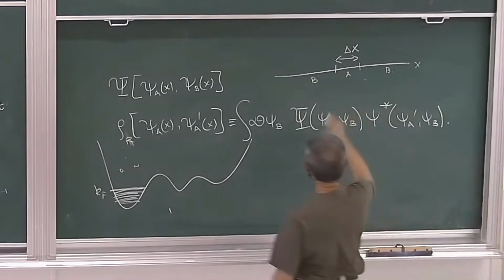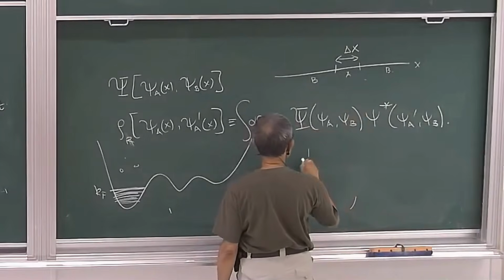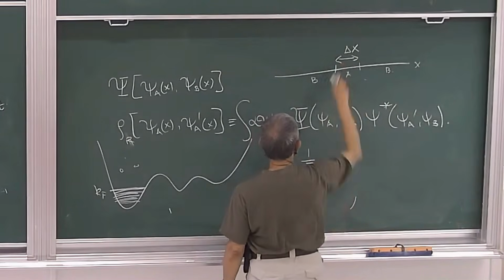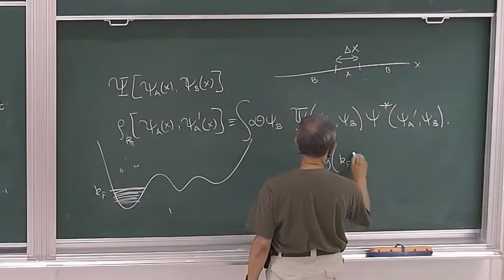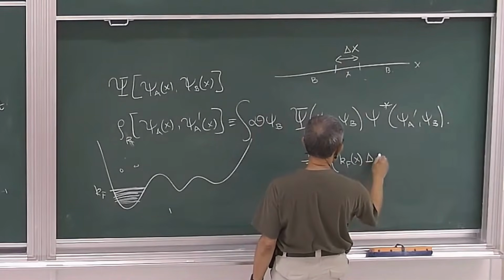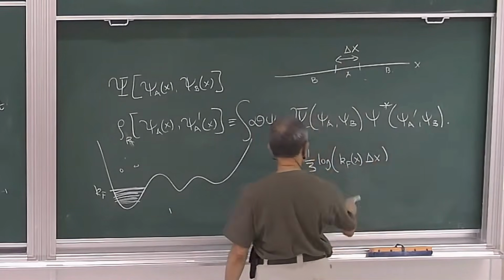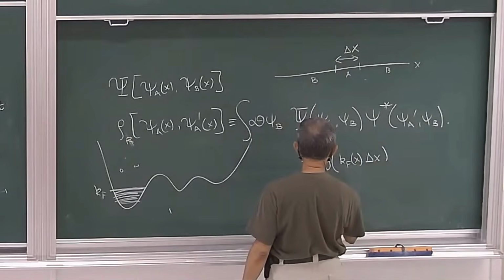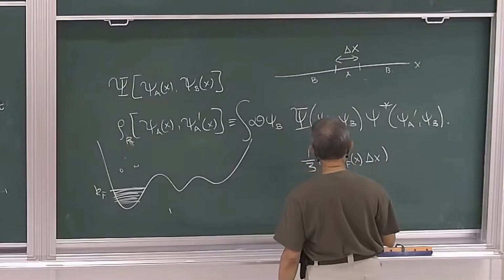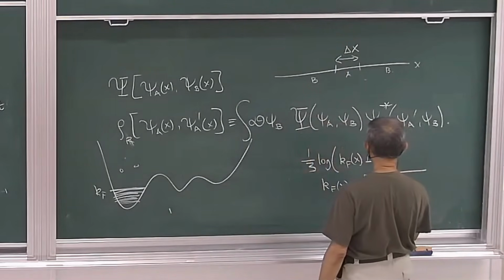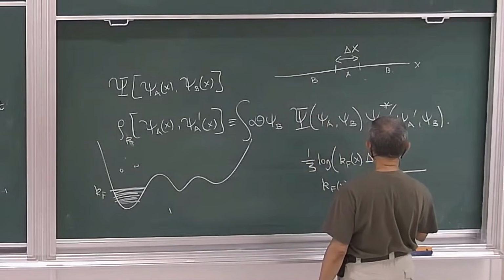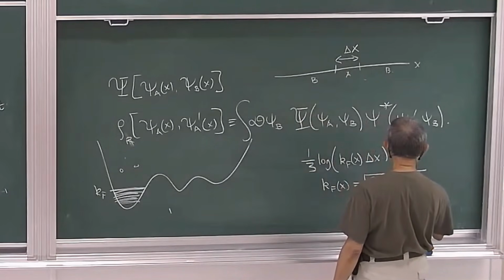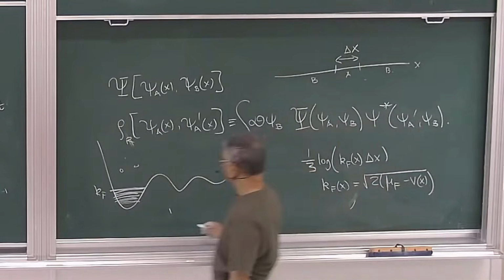Okay, so if you do this calculation, what you find is an answer for small enough delta x, and there are better answers for larger delta x, where kf is the local Fermi momentum and mu f is the Fermi level.